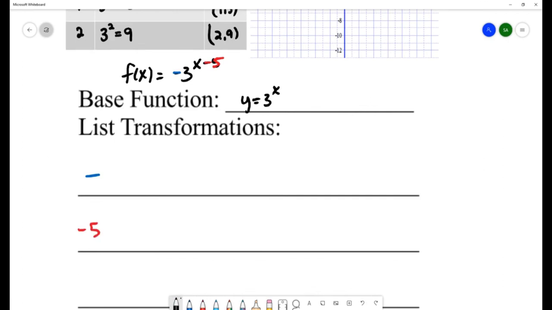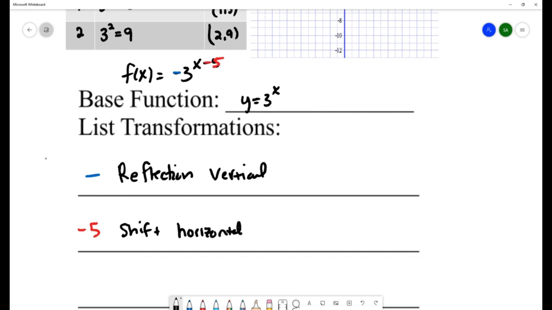The negative is being multiplied, which with my knowledge of transformations tells me that this graph has a reflection. That negative is multiplied on the outside, so that's a vertical reflection. And the minus 5 is going to be a shift. All adding and subtracting gives us a shift. And because it's on the inside of the exponent, I know it's a horizontal shift. And because it is a minus, we're going to shift to the right 5.